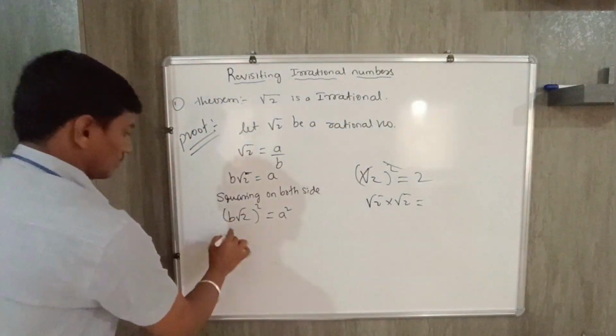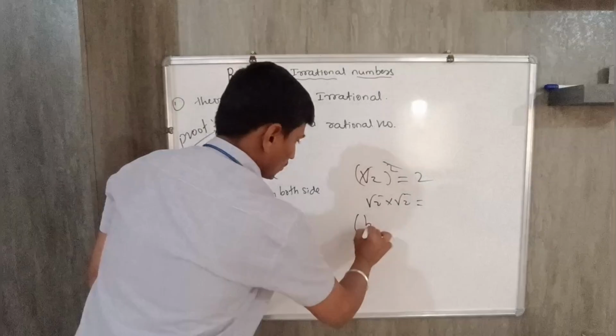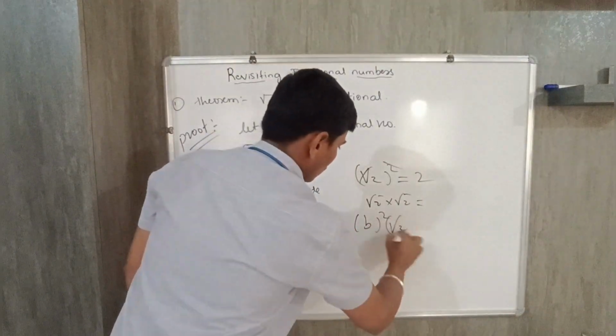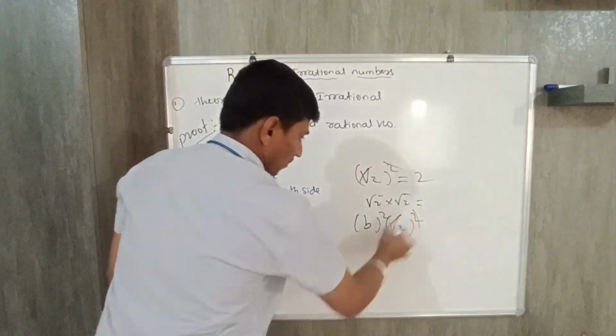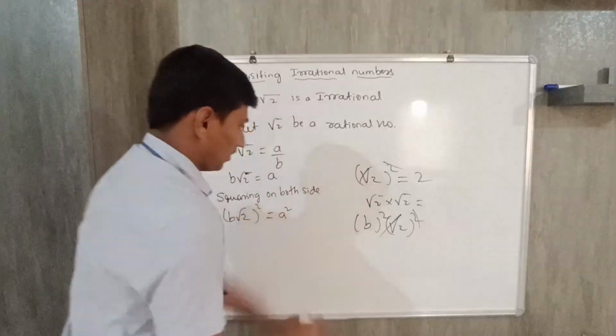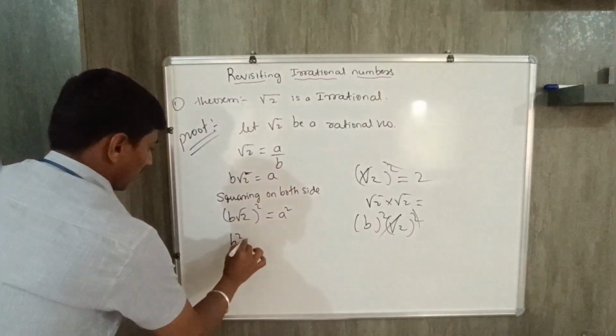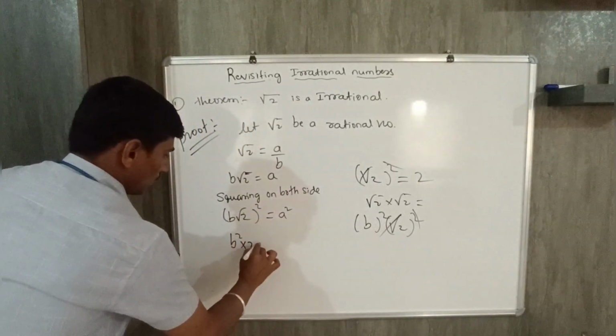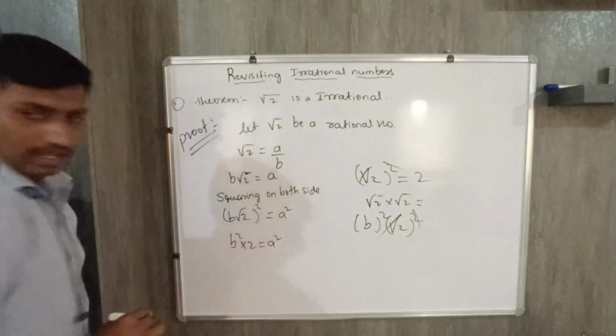So here b square into root 2 whole square, root and square cancel, only 2 is there. So now b square into 2 equals a square.